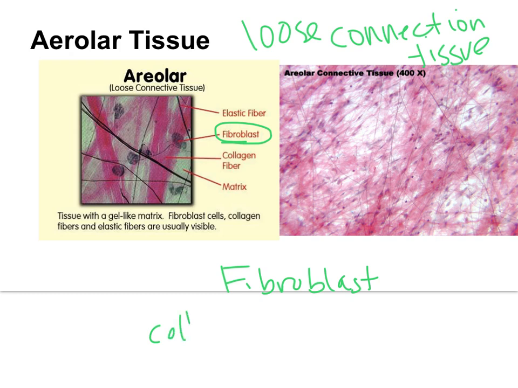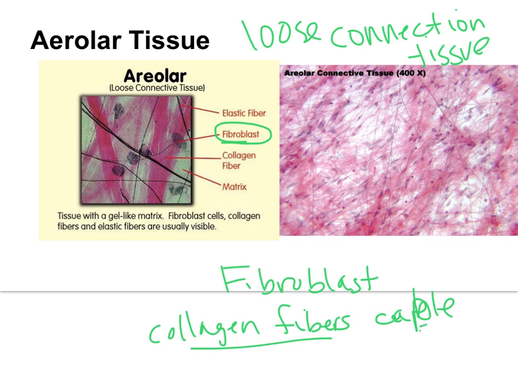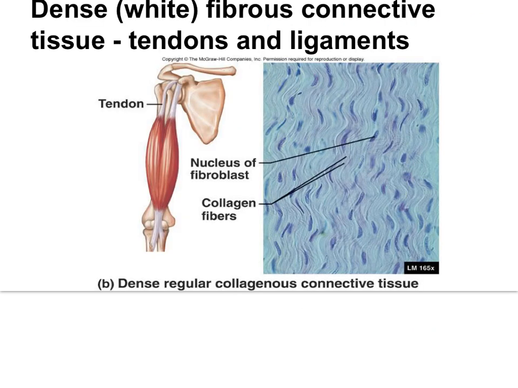We have collagen fibers, which are very strong. You can think of those as very strong protein cables. And then our other type of fiber is an elastin fiber. These fibers are thinner and they are elastic, so they're stretchy. So you can imagine what areolar tissue is like. It's got these collagen fibers in it for support, but it also has some stretchy, flexible elastin fibers in it. And that is what is important.